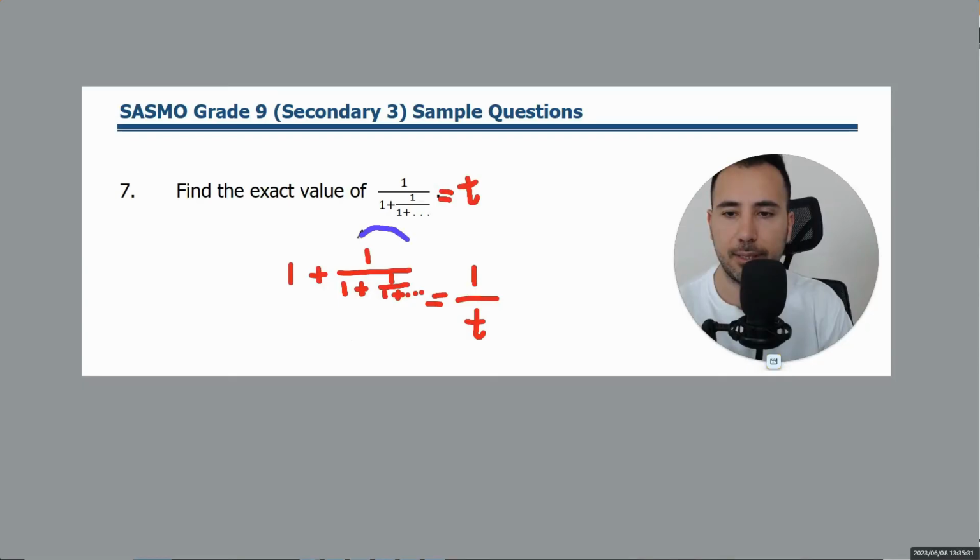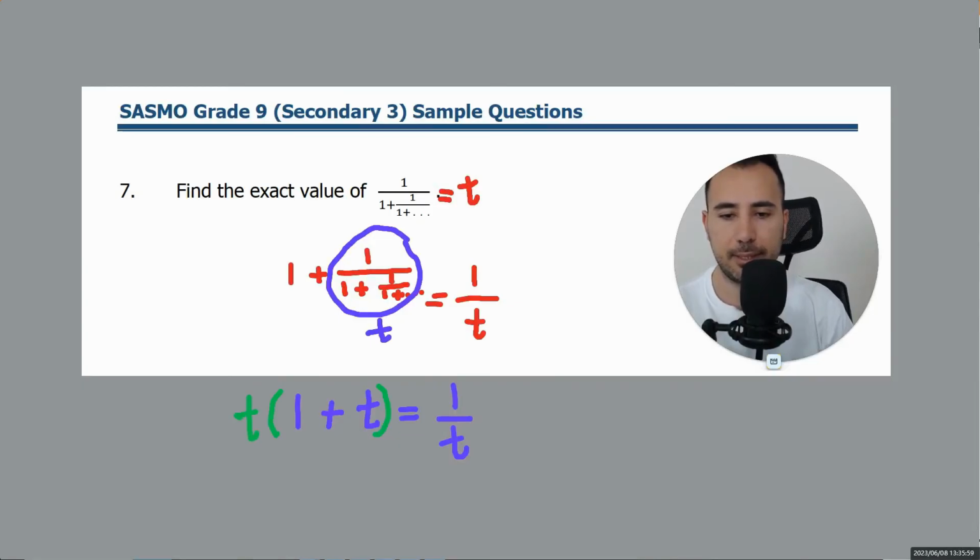And this one is also t. So the equation turns into this: 1 plus t equals 1 over t. Now we know that t can never be 0, so let's multiply both sides of the equation by the value of t so that we get rid of this t here.